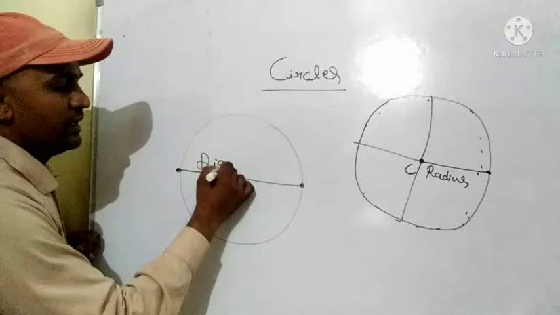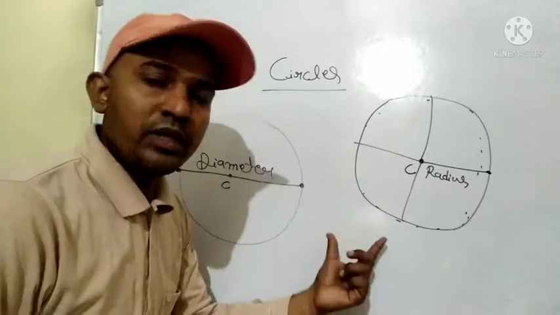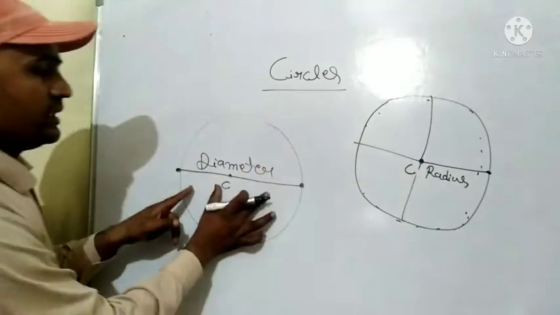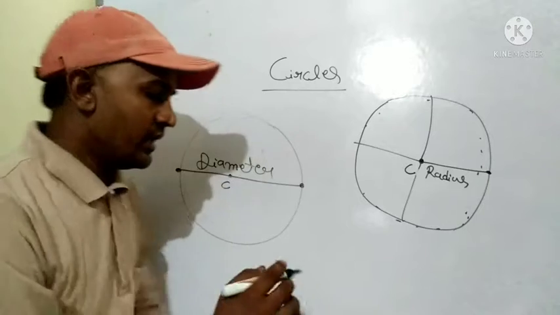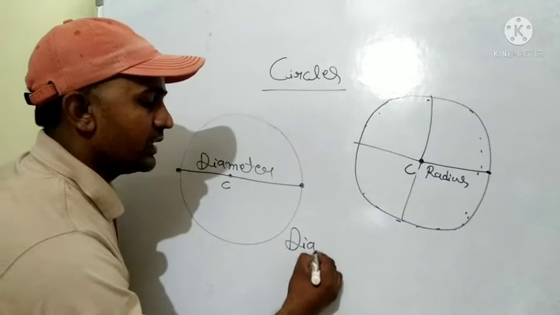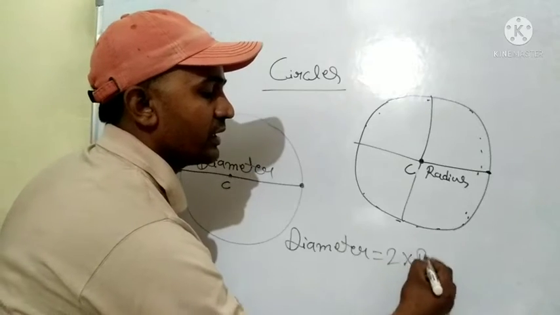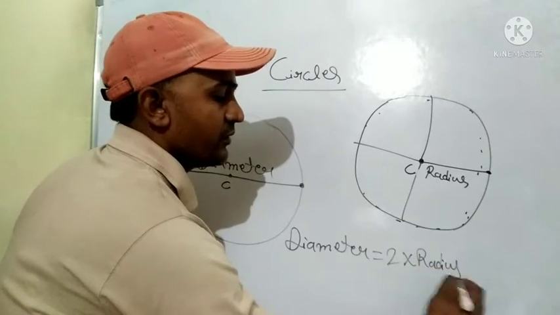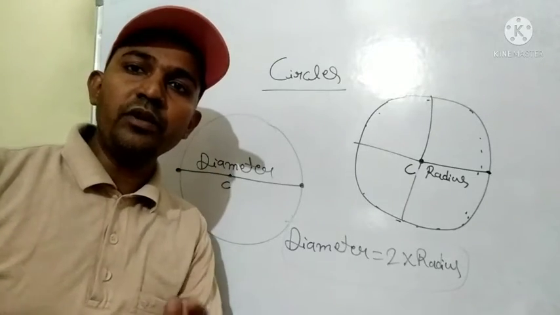This is called diameter. What we know about diameter is that it is just double the radius. So one concept is clear here: diameter is always 2 times the radius. This is a formula made by these concepts.